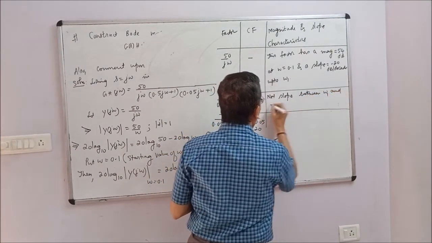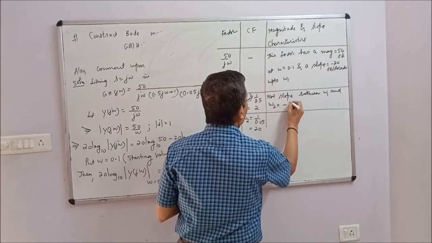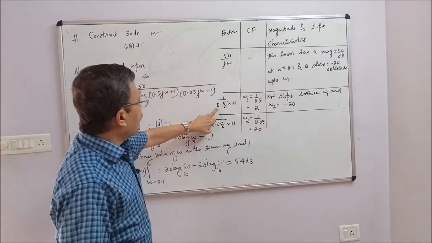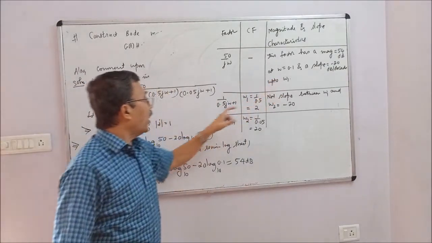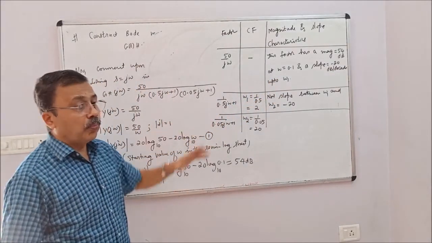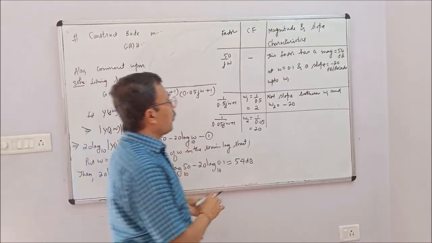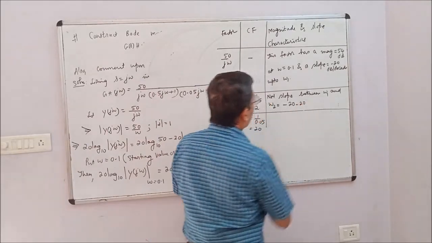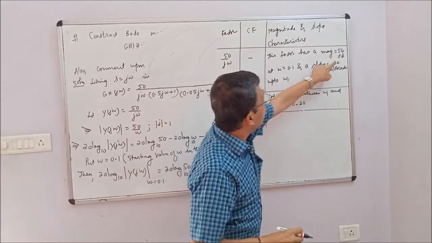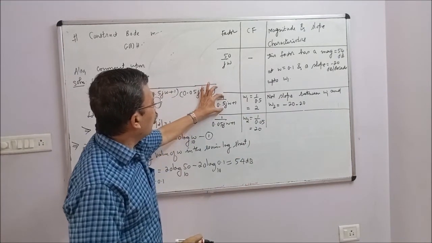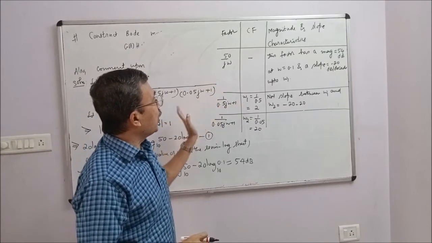omega 1 and omega 2 is equal to, earlier slope is minus 20. At the corner frequency and beyond, this adds a slope of minus 20. This is a pole. Poles will add slopes in multiples of minus 20. It's a simple pole, therefore it will add a slope of minus 20. This minus 20 is the previous slope. To that, this term will contribute a slope of minus 20, omega 1 and beyond.